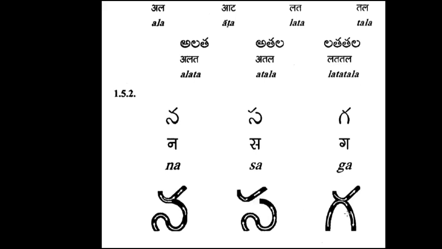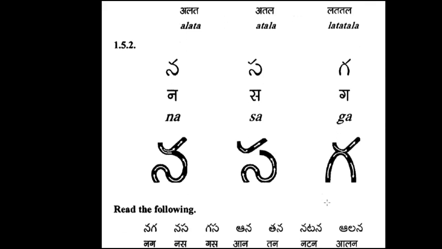Then this is ga. Ga looks like this. It is just a curve, half curve, and talakattu. This is called the talakattu symbol. Okay. So these three letters you can practice. Then tomorrow, if you complete, we will go to the next part.